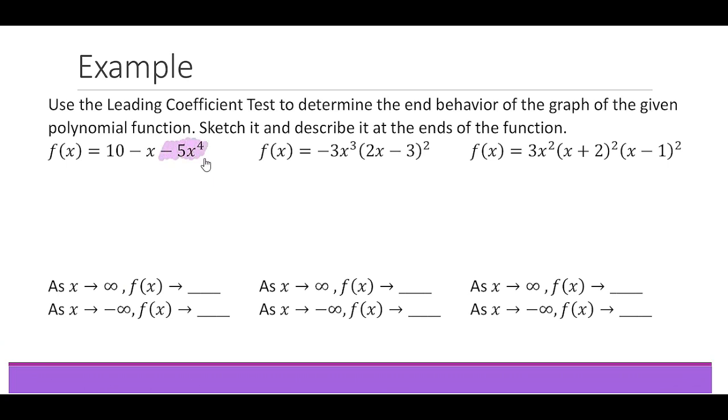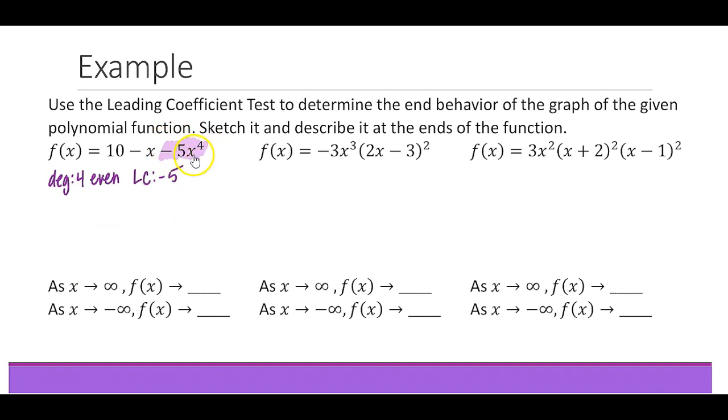The leading term tells us both the degree and the leading coefficient. So our degree is 4, which is even. So we know that either both sides point up or both sides point down. Well, the leading coefficient is negative 5. So since the leading coefficient is negative, both sides point down.